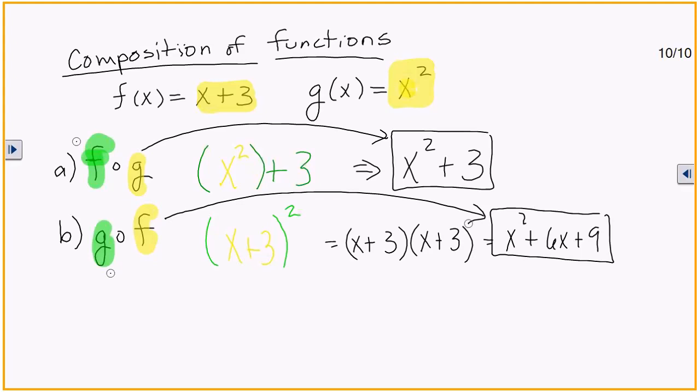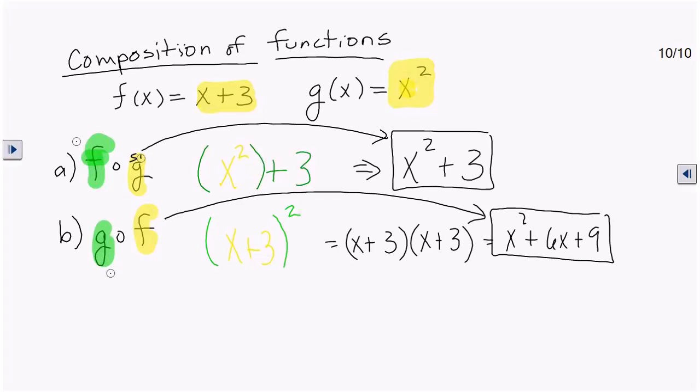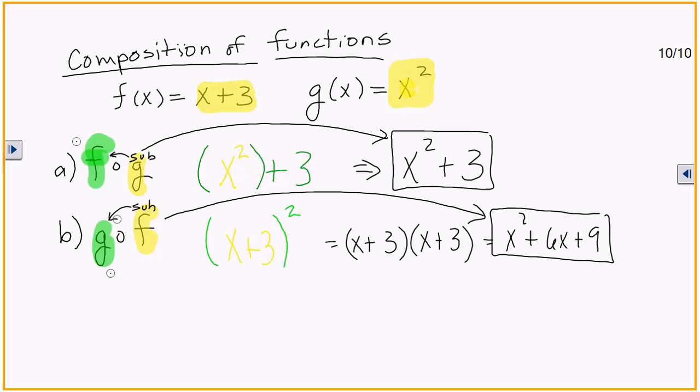And as you can see, I'm substituting this into that. And I'm substituting this into that. Just like we substituted the y equation a while ago, we're substituting it and simplifying. So now what's C and D?